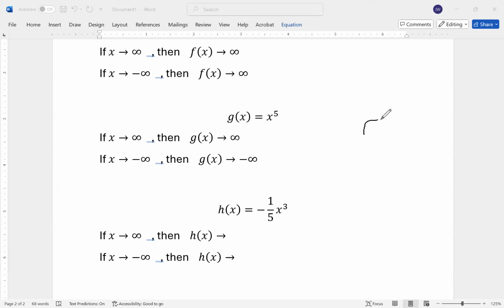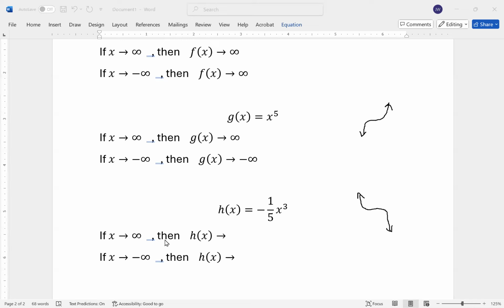So g of x did this, h of x is going to do this. It's going to start in the upper left and move towards the lower right, whereas my g of x started in the lower left and moved up and to the right.